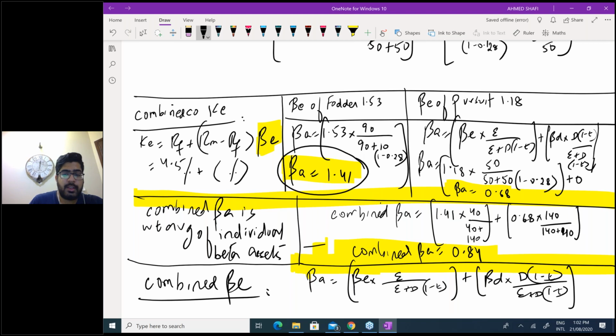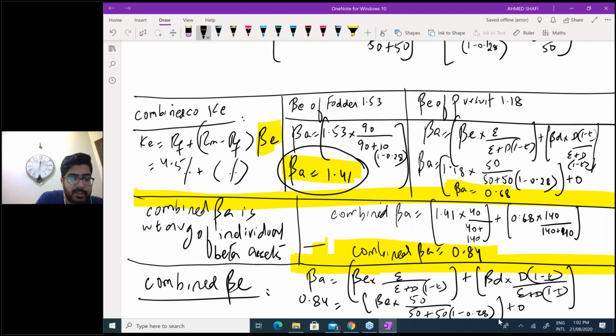So you have combined beta asset, you need combined beta equity. Combined beta asset is 0.84, you need combined beta equity. And what is the capital structure of the combined company? It is the same as Pursuit, 50-50. No beta debt is given, so 0.